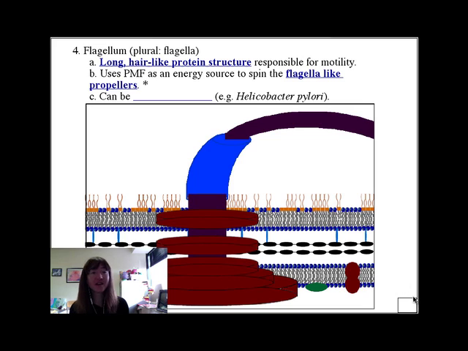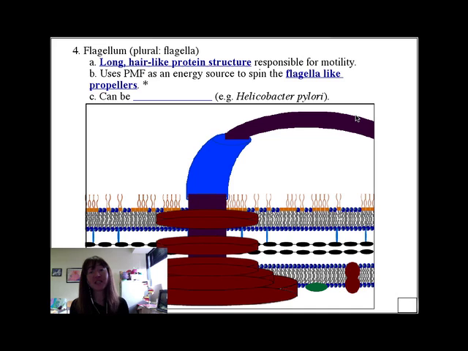So we can note that they move like propellers, and holy cow, they move fast. In bacterial cells, they can often move the flagella at as fast as 1,000 revolutions per second.